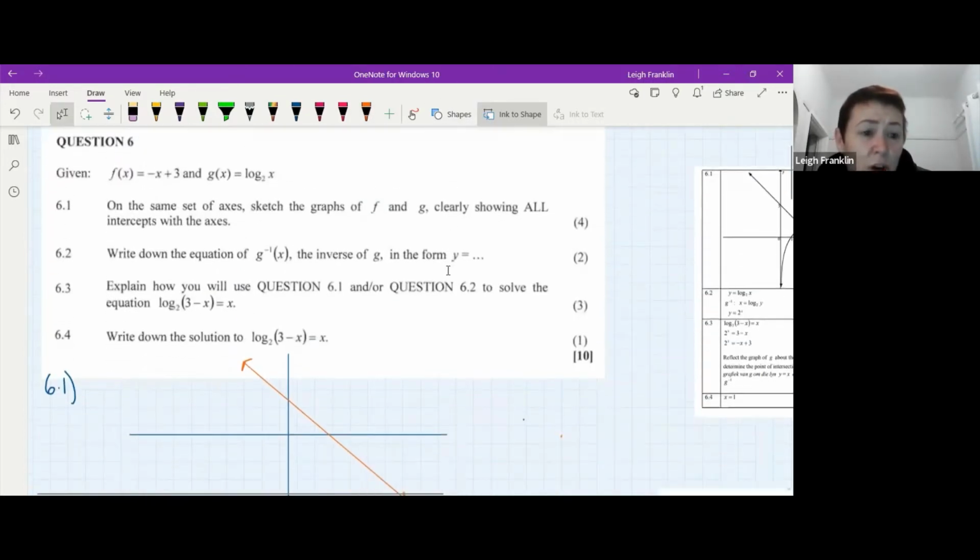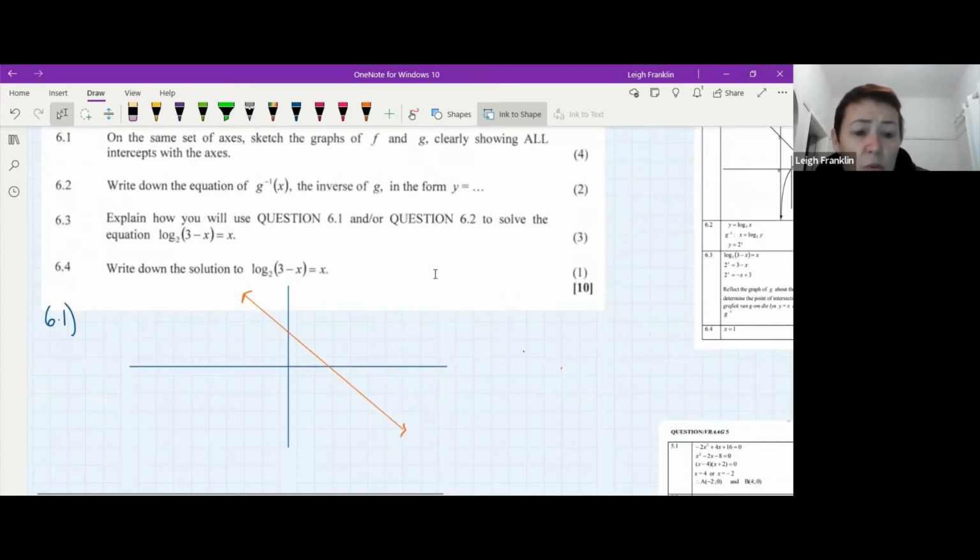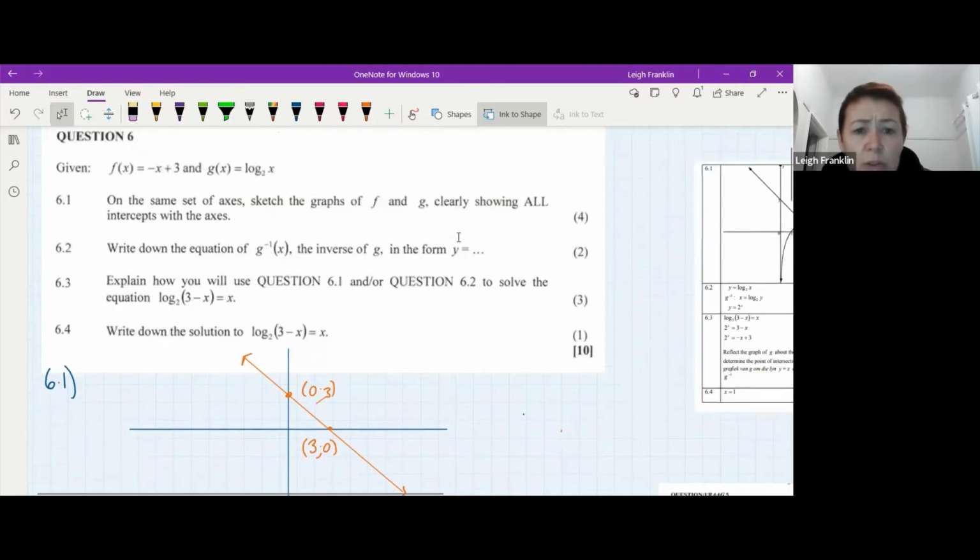If it is the graph f of x equals minus x plus 3, we know that its y-intercept is going to be 3, so we can label that as (0, 3). And over here, we also know that its x-intercept is going to be (3, 0). Literally just by inspection, there would be 2 marks on that. That would be super easy.